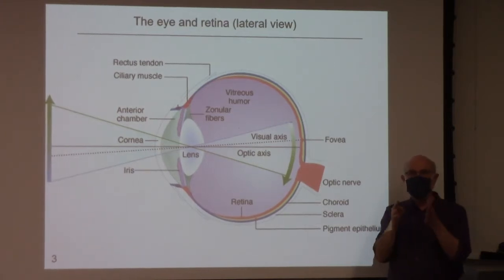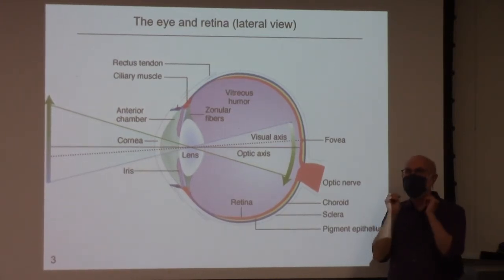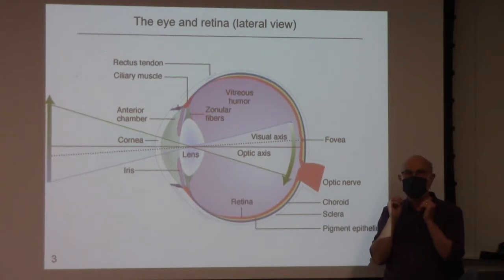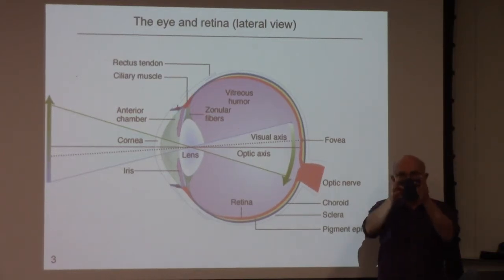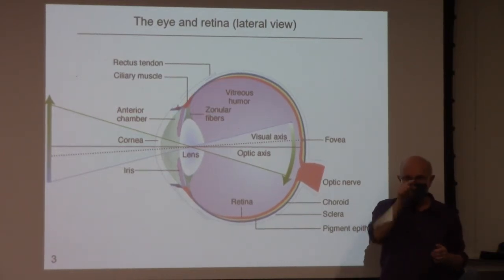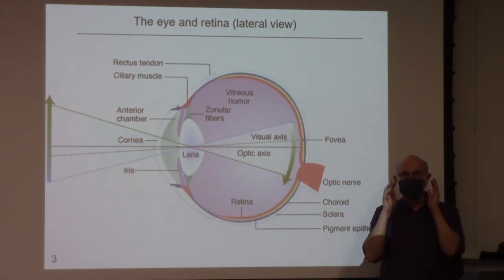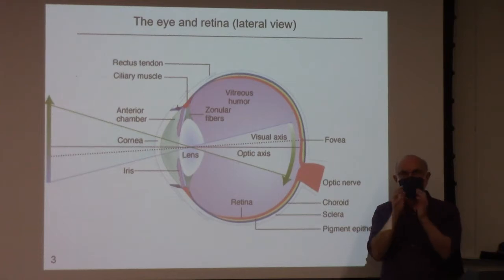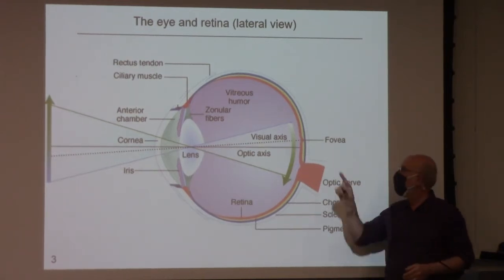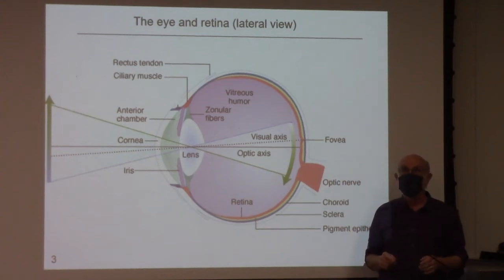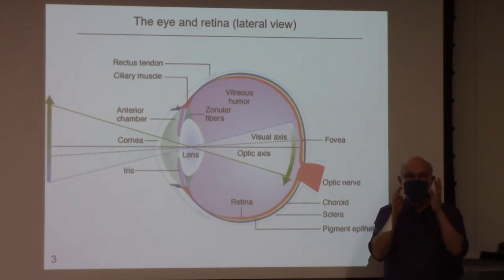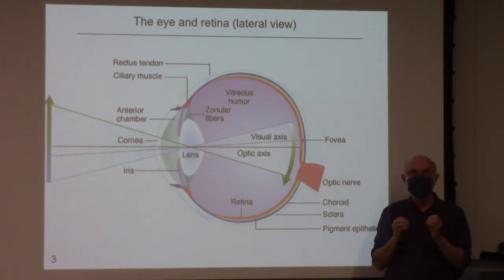When we are focusing our eyes, when we are focusing our vision and our attention on something, like right now, I am focusing my attention on the lens of the video camera, looking right at it. I'm adjusting the shape of my lens, and I'm putting the image on my fovea of both eyes. That's where I have my best vision.